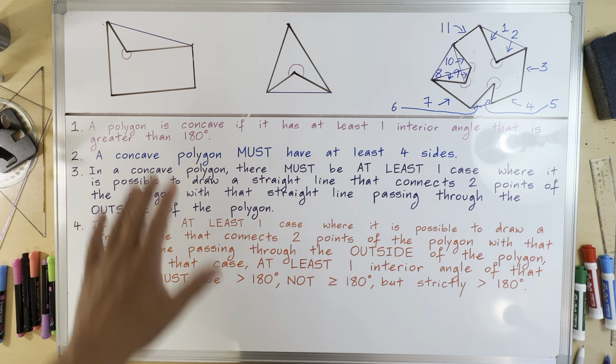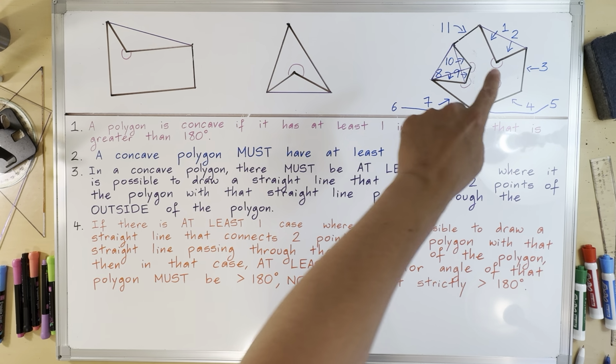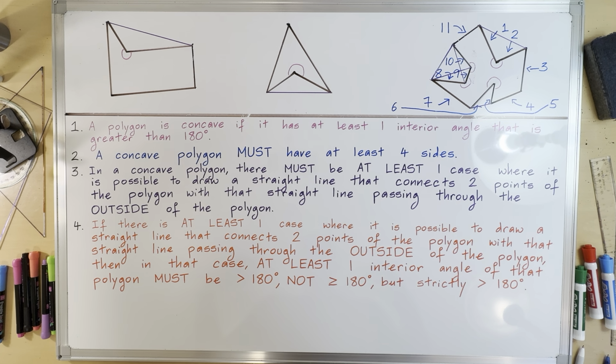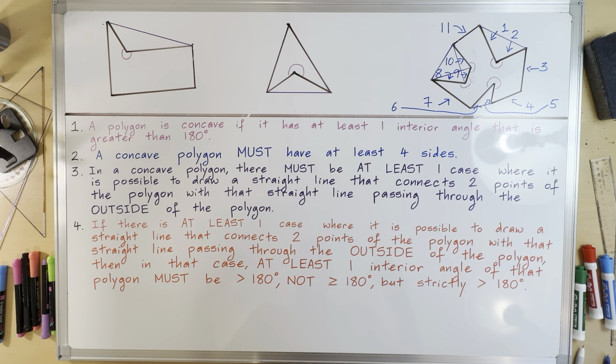Okay, so for all of these statements, for all 3 of these polygons right here, there is at least one case where it is possible to draw a straight line that connects 2 points of the polygon with that straight line passing through the outside of the polygon. And so therefore, you will see at least one interior angle of that polygon that is greater than 180 degrees.